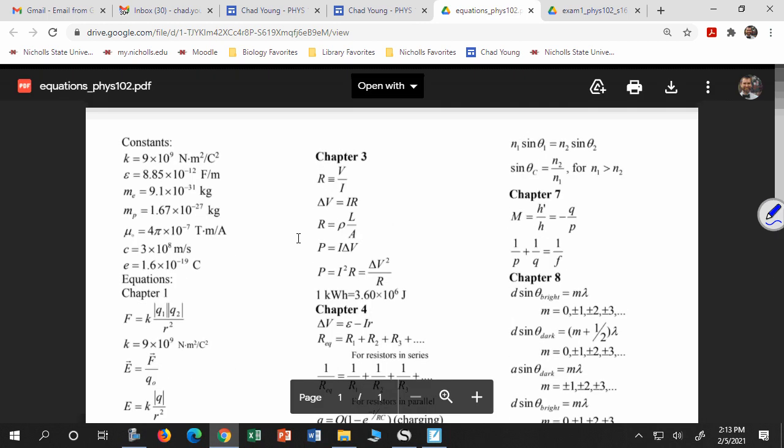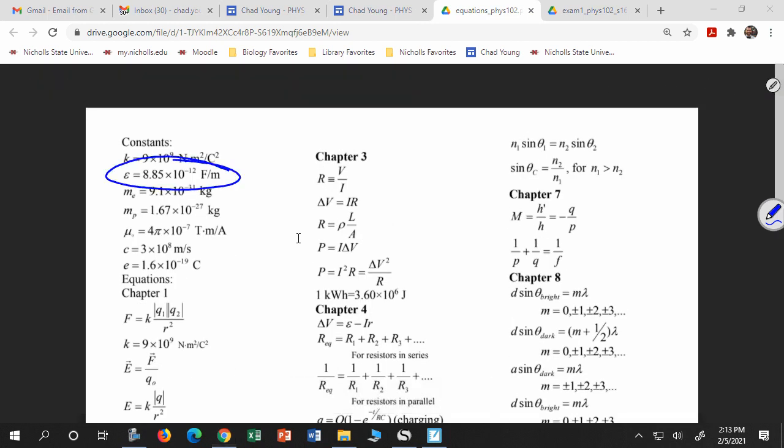All those constants are right here. That's our epsilon, our permittivity of free space. Notice also the fundamental unit of charge, that's the charge for a proton and an electron. And then I also have the mass of the electrons and protons here. Those are the things that you're going to need. Of course, you'll need K as well, but I think most of you have used K enough that you know it.